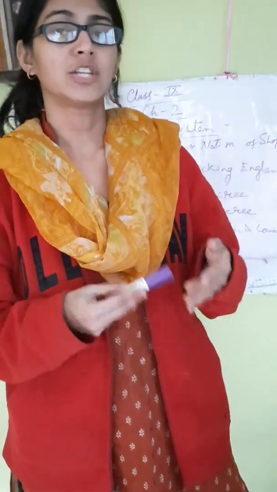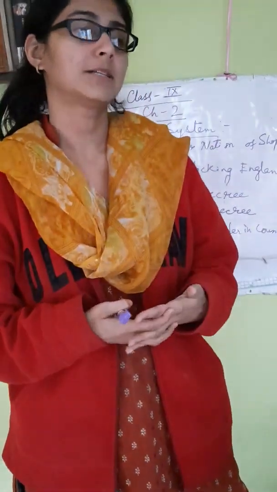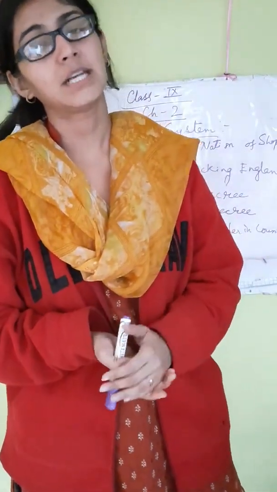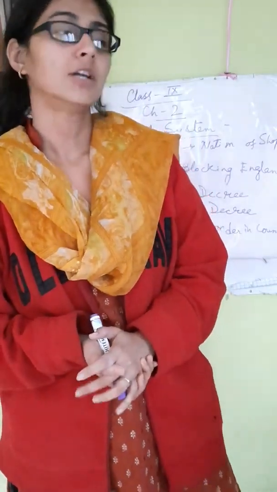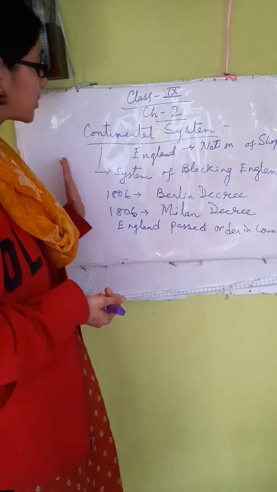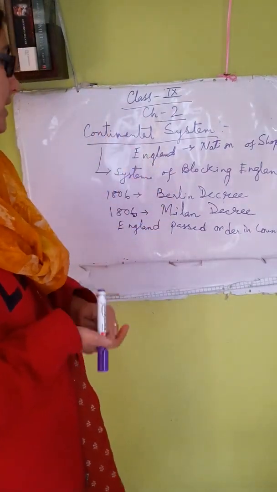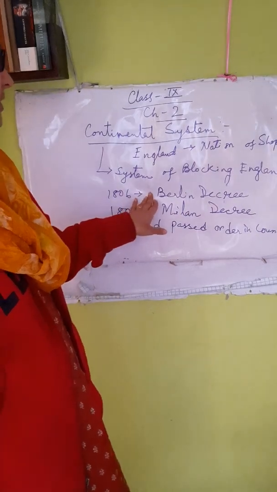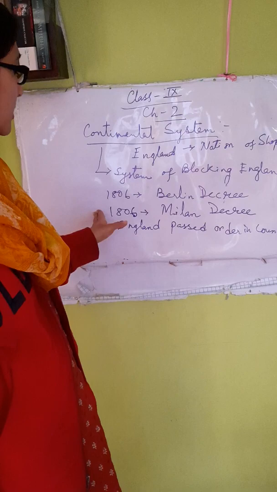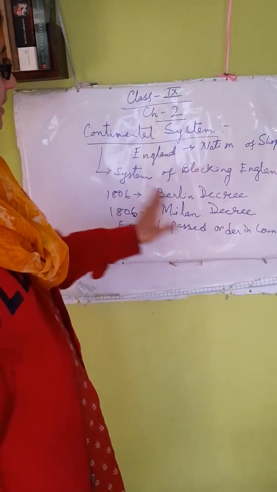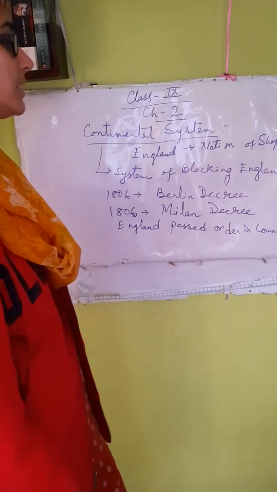So Spain, Russia, Portugal, all the countries which needed articles from England, started breaking their relation with Napoleon one by one. When Napoleon tried to isolate England, he himself actually got isolated. By the Berlin Decree, he ordered the countries to stop trade. Then he saw that many countries were not listening, so he passed the Milan Decree, by which he forced the countries to stop trading with England.